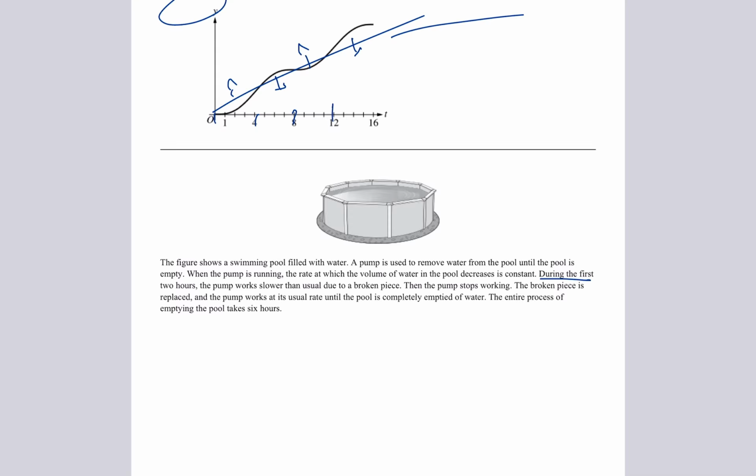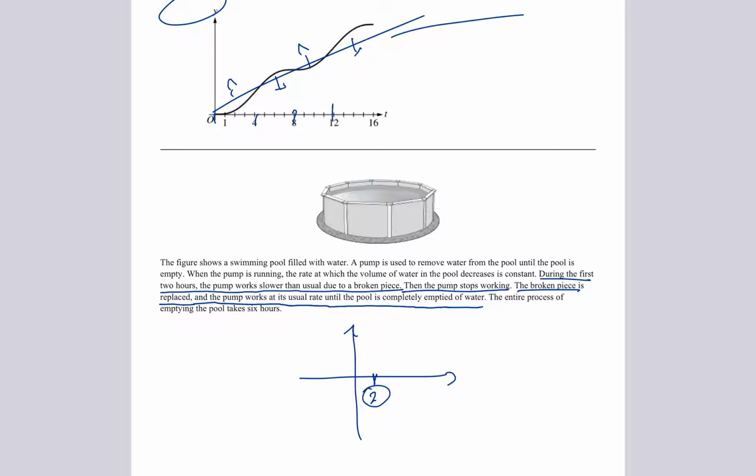During the first 2 hours, the pump works slower than usual due to a broken piece. So during the first 2 hours, it's moving slower than usual. Then the pump stops working for a certain period of time. Did they mention how many hours it stopped working? No, they did not. Then they mentioned the broken piece is replaced, and then the pump works at its usual rate until the pool is completely emptied out of water.